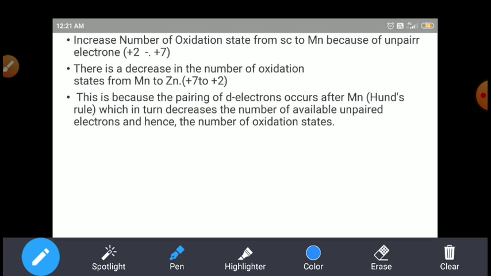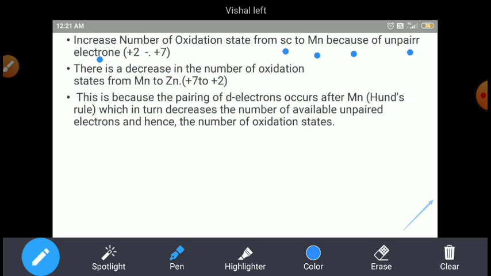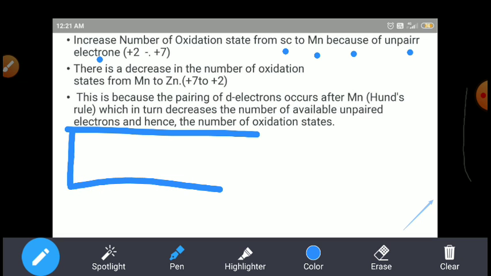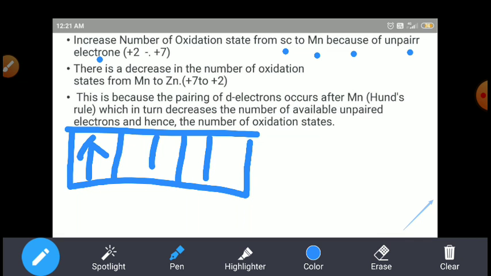The number of oxidation states increases from scandium to manganese because the number of unpaired electrons increases from scandium to manganese. We already know that in the d block, scandium has only one d electron.